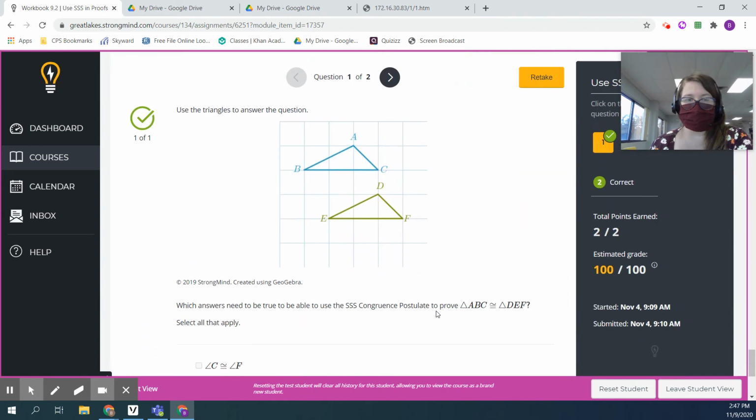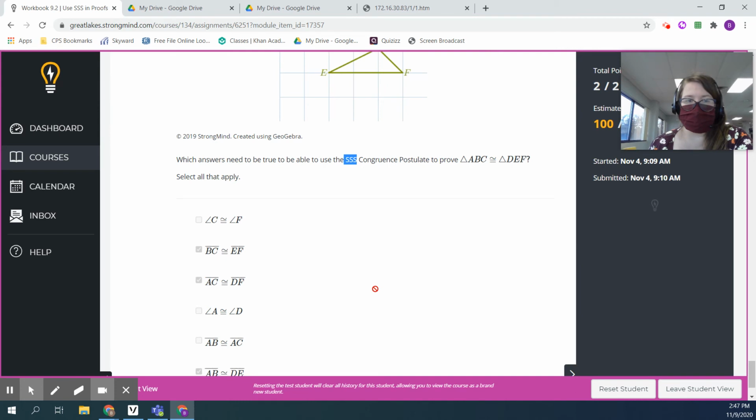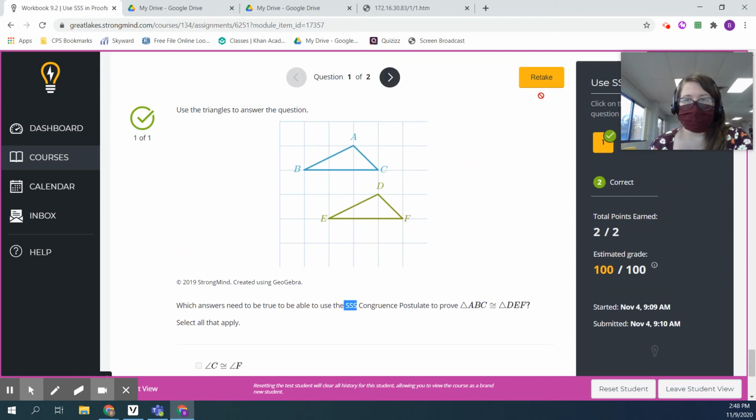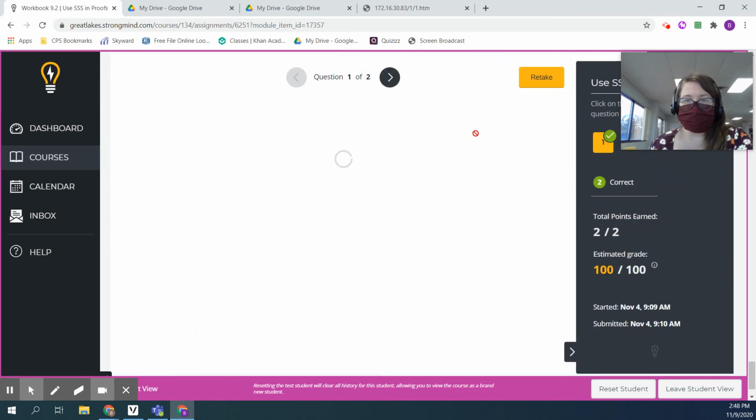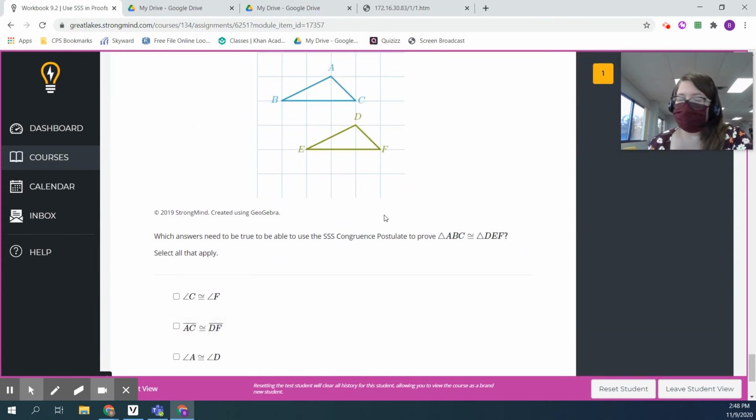All right, so let's try this. Use these triangles to answer the question. A, B, C, D, E, F. Which answers need to be true to show side, side, side? So that's the main thing we're looking at. We want to talk about the sides, not the angles. Let's see, AC, does it go with DF? It does, though that's not the side, side, side.